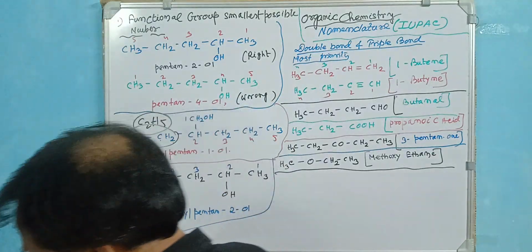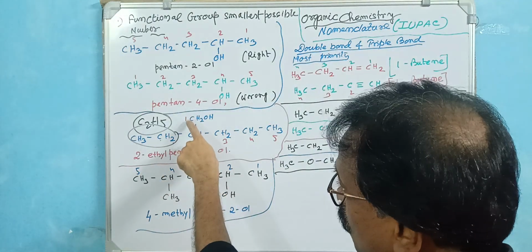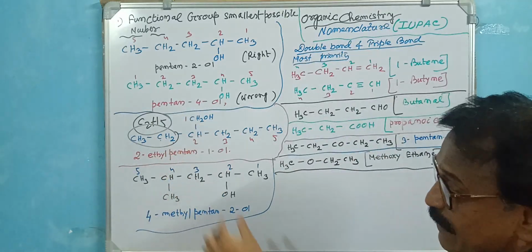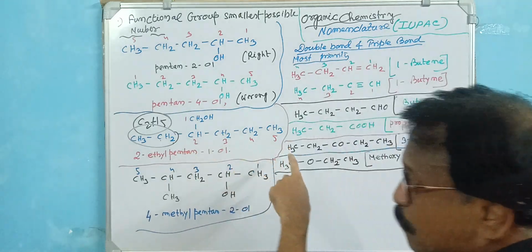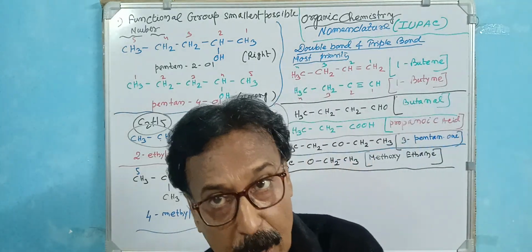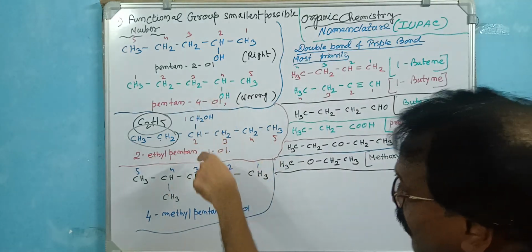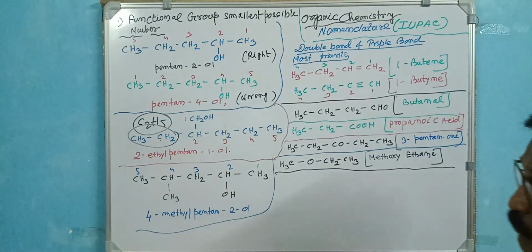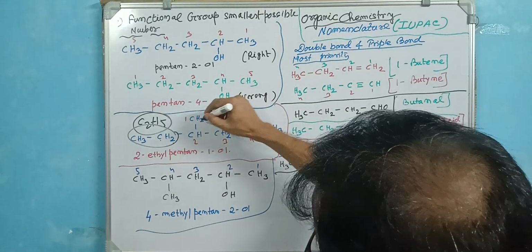So here you write 2-ethyl, because the carbon number is 2 here, where this alkyl group is attached. So 2-ethylpentane. There is no double bond or triple bond. Now, the functional group OH is at the first position. So 2-ethylpentan-1-ol, because it is at the first position.